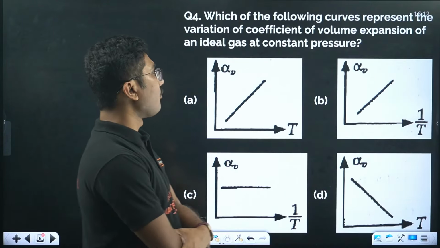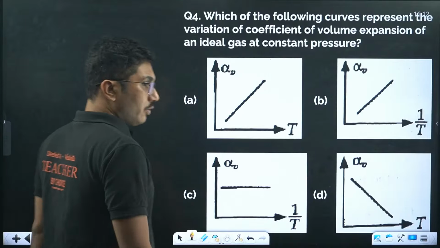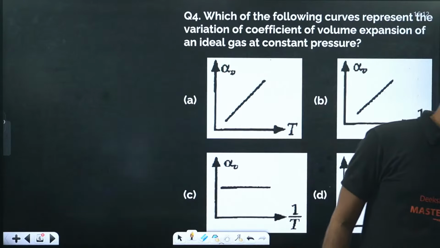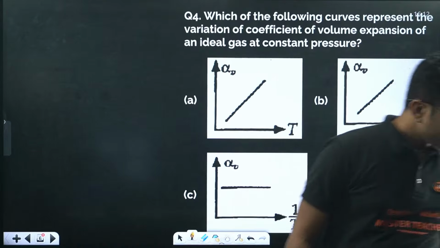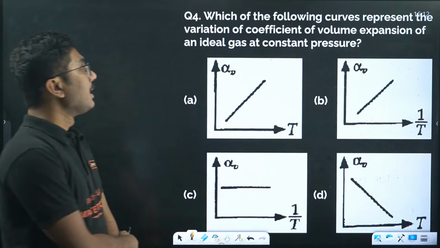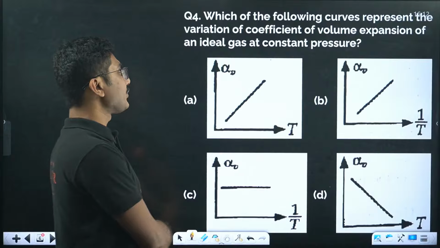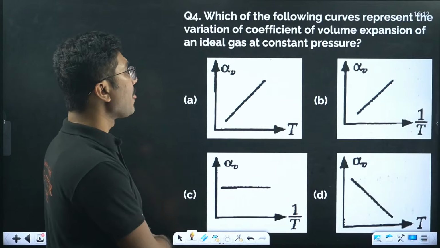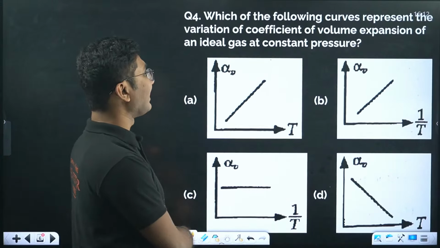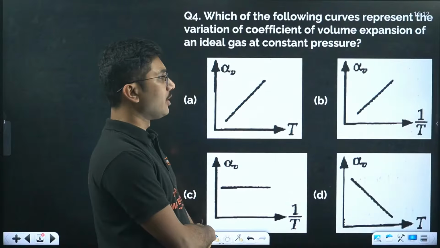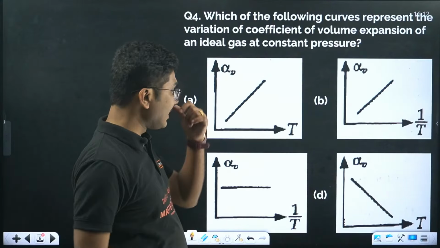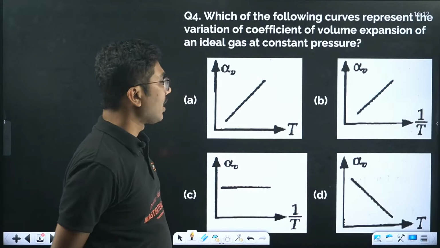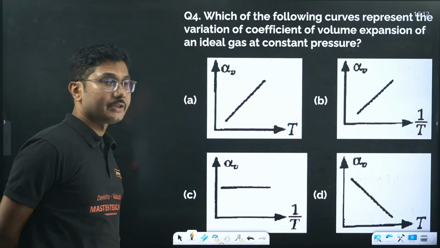Which of the following curves represents the variation of the coefficient of volume expansion of an ideal gas at constant pressure? So which graph represents the variation of the volume coefficient with temperature?